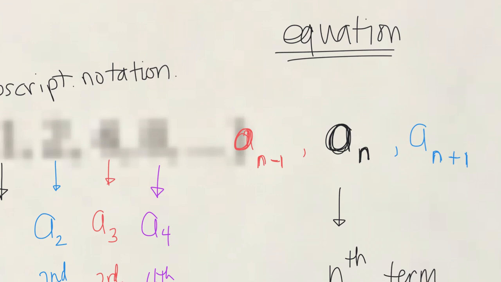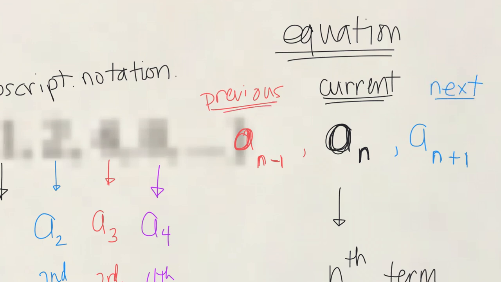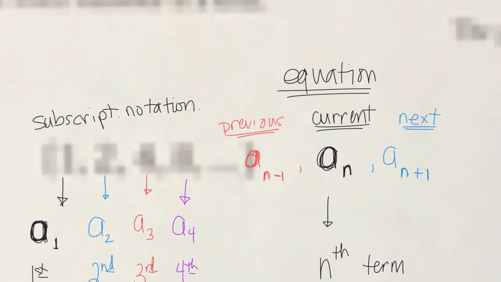If this is your current term, then n minus 1 is your previous term, the one that came before this. And then A sub n plus 1 is going to be your next term. So if you're not familiar with sequence notation, there is a little introduction into your sequence notation.